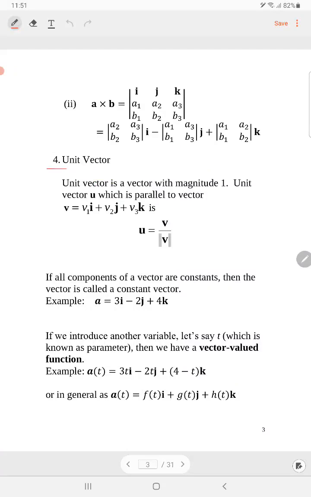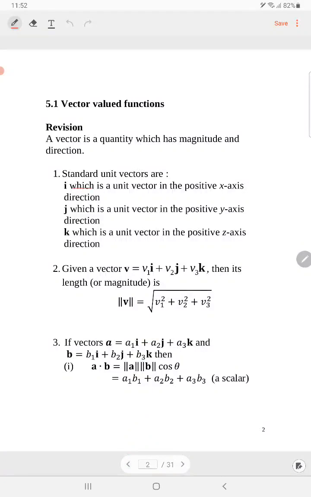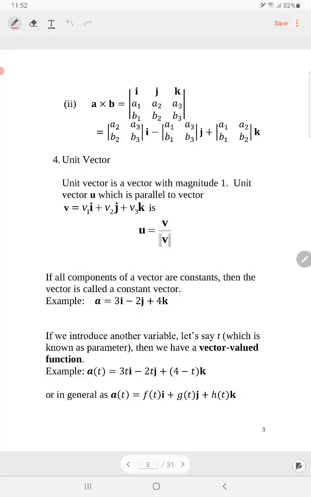And another item that you need to know is about unit vector. Before, we had the standard unit vectors i, j, k, but now for a unit vector, let's say you want to find a unit vector which is parallel to vector v. So what you want is a vector parallel to v, but you want its magnitude to be 1.